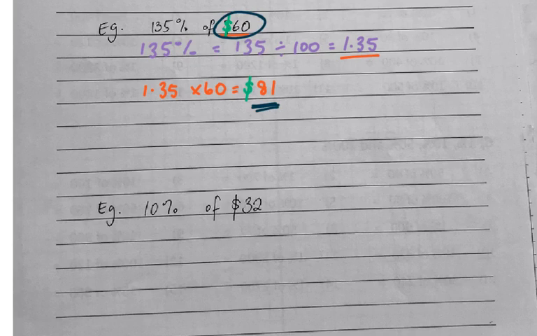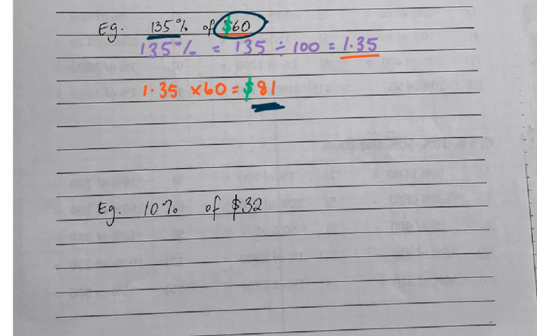However, if we look at our percentage, it is greater than 100, which means we're actually increasing the amount to more than its original amount. So if you ever have a percentage greater than 100, you want to make sure that your answer is greater than the original amount, as seen in this question.